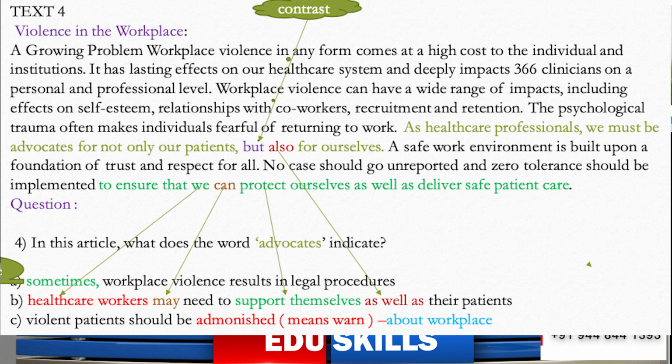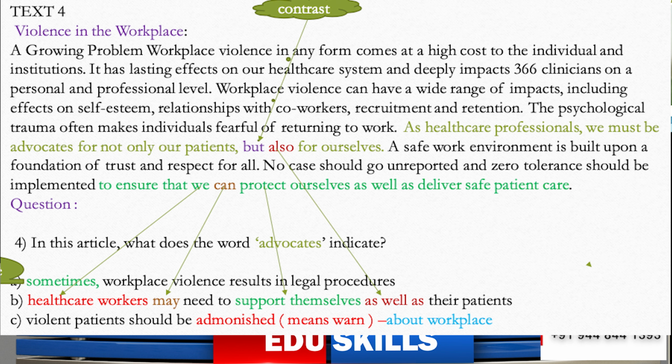It will give problems, but they never say that it results in legal procedure. They never mention legal procedures. It only impacts relationships, self-esteem and recruitment related things. And also this is sometimes. They never mention this sometimes. They said generally. So we can eliminate this one.